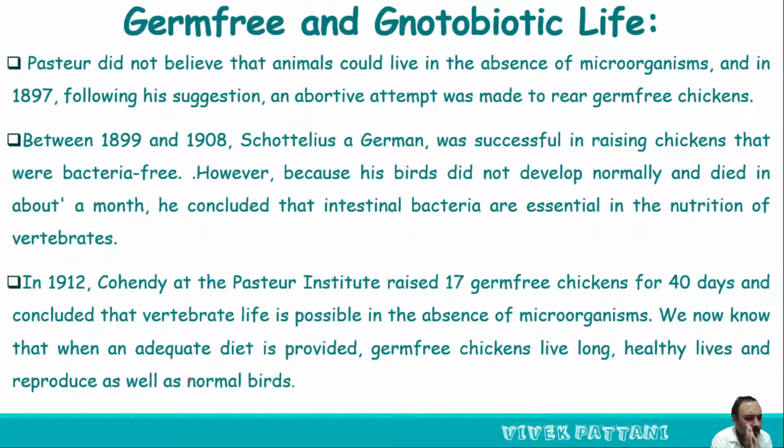Between 1899 and 1908, Schottelius, a German, was successful in raising chickens that were bacteria free. However, because his birds did not develop normally and died in about a month, he concluded that the intestinal bacteria are essential in the nutrition of the vertebrates.